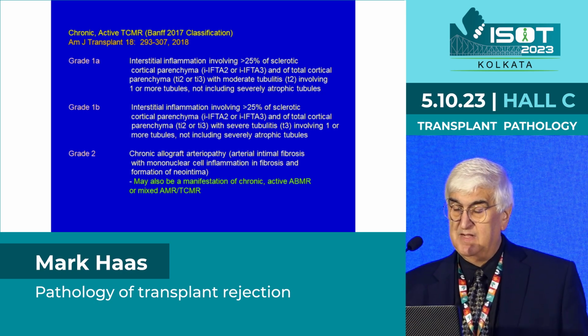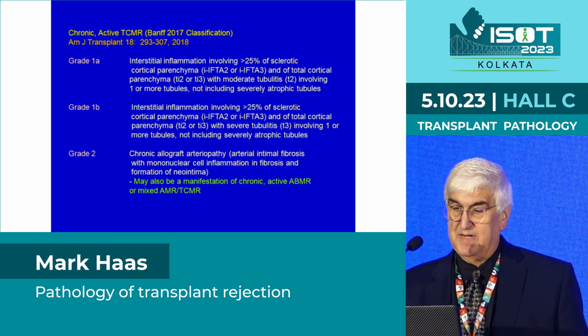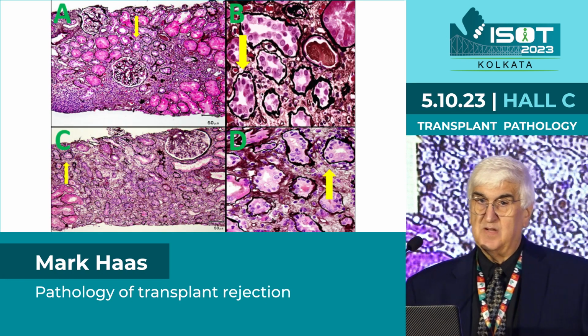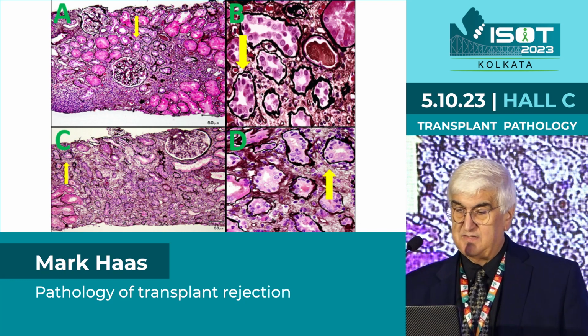total parenchyma. If there was moderate tubulitis, 5 to 10 lymphocytes in the most severely involved tubular cross-section, this was a grade 1A, and more than 10 lymphocytes, a grade 1B. This is what some of these lesions look like histologically.